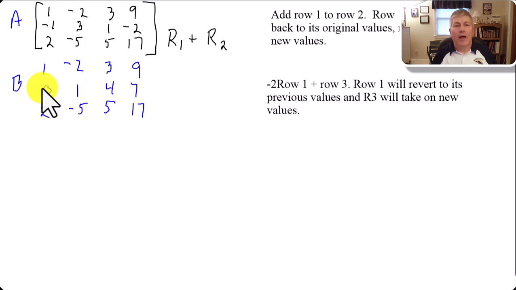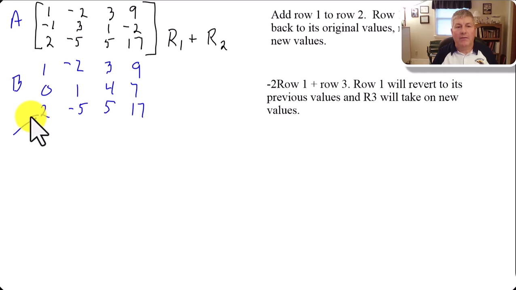My middle row now becomes 0, 1, 4, 7, and of course my bottom row stays the same at 2, negative 5, 5, 17.